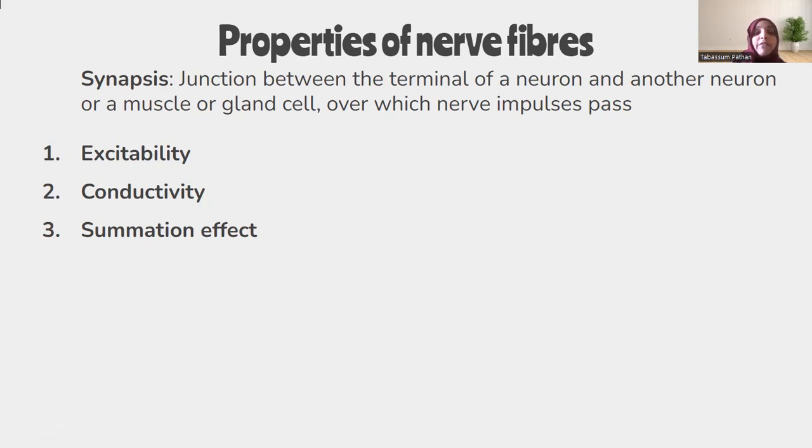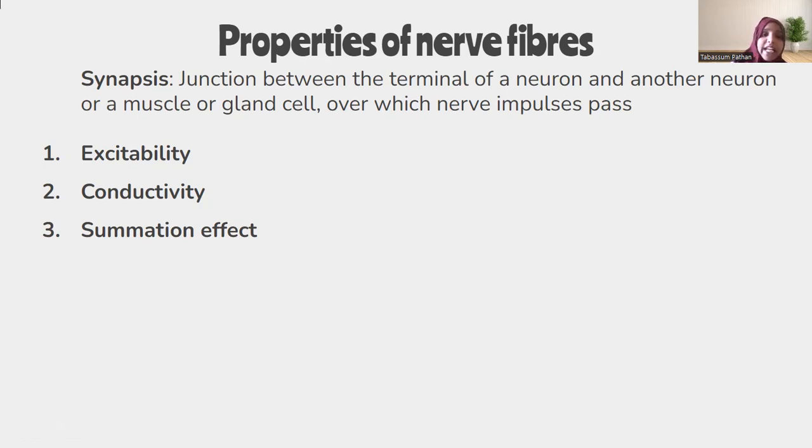This does not mean that if the threshold value of the coming electrical impulse is more, the excitability will be more. No, the excitability will be normal, even if the signal that is coming has the minimal threshold value. But if it is low, then the neuron will not be excited.